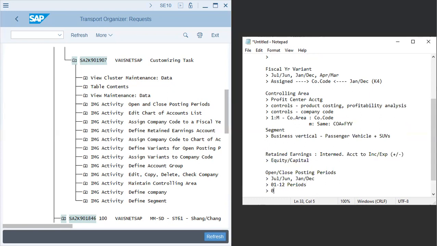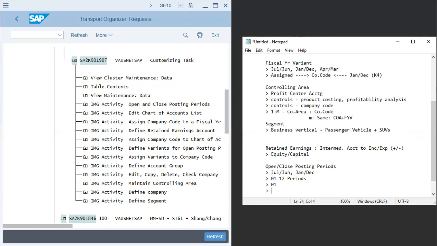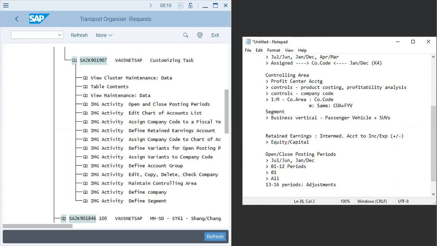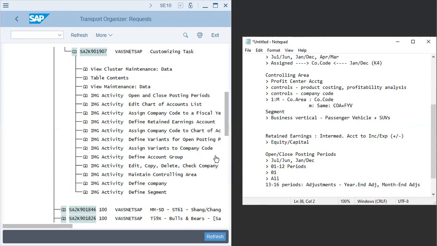You can open one period, or you can open all periods. Okay, and then we have special 13 to 16 periods, special periods, which are for adjustments. Okay, and adjustments which are year end adjustment, month end adjustments. Okay, I hope this is clear now.